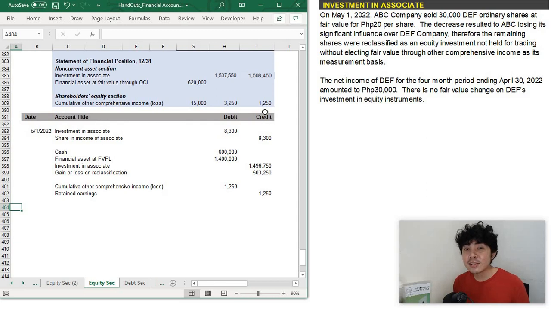Then, ang next entry natin is on May 31, 2022. So, ano yung mangyayari sa May 31, 2022? So, dito na yung date of payment nung dividendo na dineclare nung December 1, 2021. At yun yung 17,500 para doon sa 25% ownership natin nung 2021.